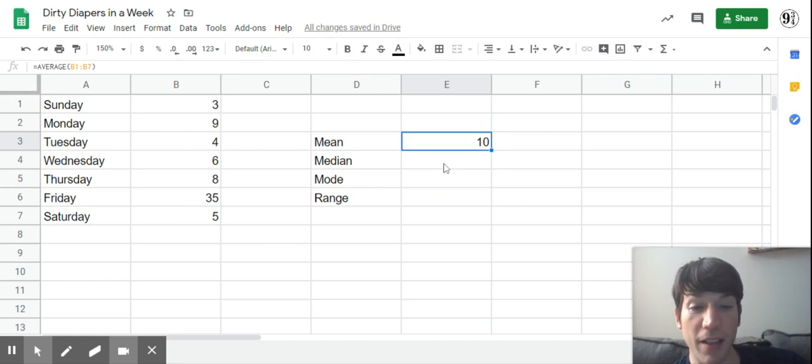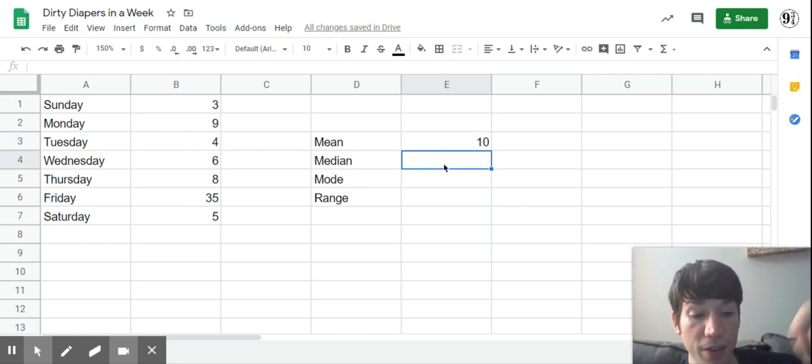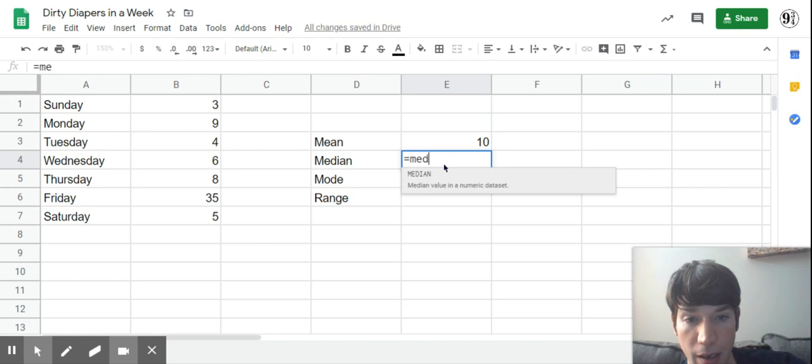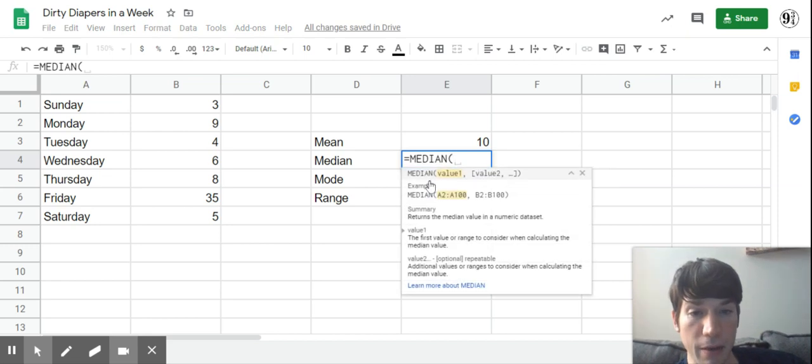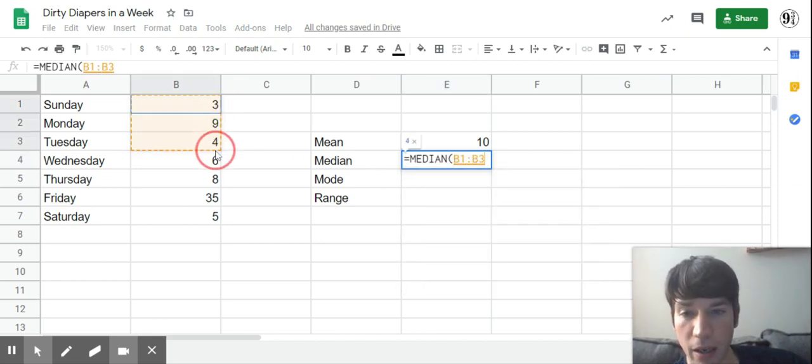All right. Second, we're going to do the median. Again, you're always going to start with the equal sign. This time, because it's the median, we're going to type in the word median. You'll see again that it comes up right here. We're going to press median. And then again, we want to tell it what we want to take the median of.